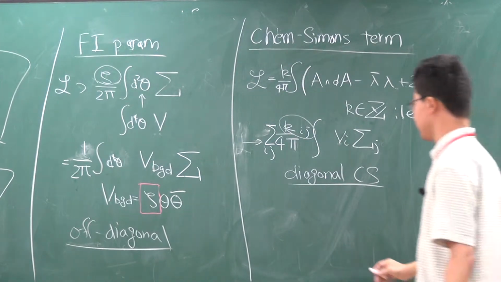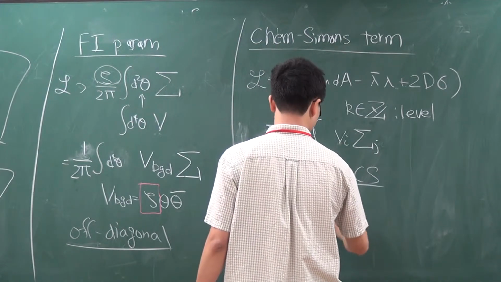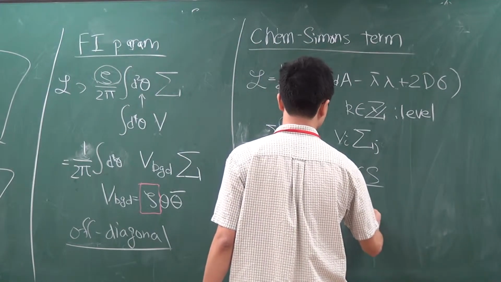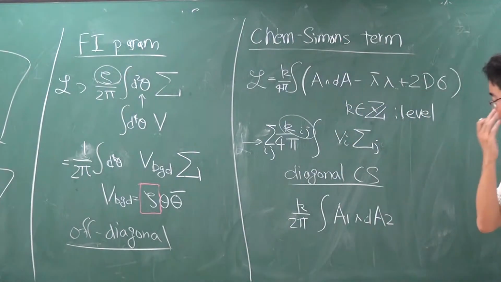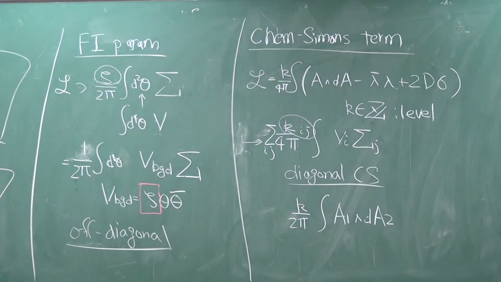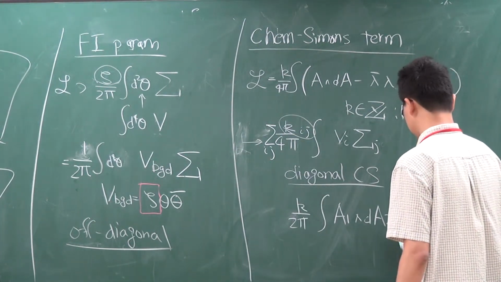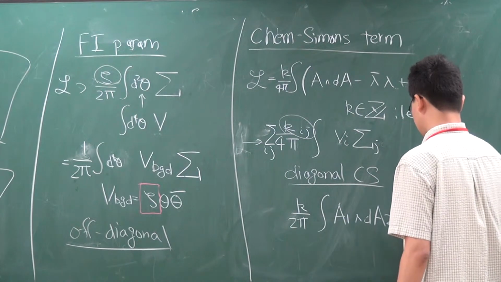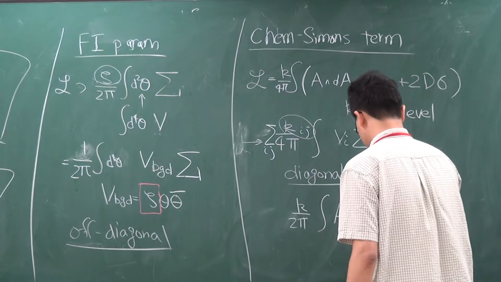So let's go back and expand again in components. And of course, what you obtain is A1 d A2. So this is the off-diagonal Chern-Simons, which is one of the components of this expression. Now, it's an exercise in differential forms. Well, I could write it down more explicitly. Let's forget about the coefficient. And this is F, the field strength F2.